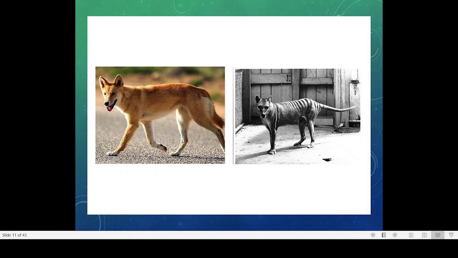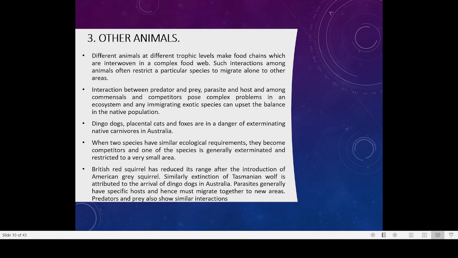The modern dog is competing for the food resources that were taken by the Tasmanian wolf. So Tasmanian wolves are not getting any food, and naturally they die. So this is the problem if you introduce one species into another area without properly studying the natural balance or natural relationships existing there. That is the problem of introduction.